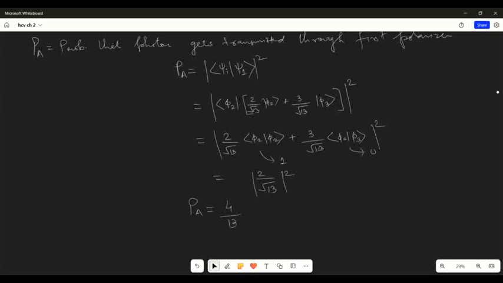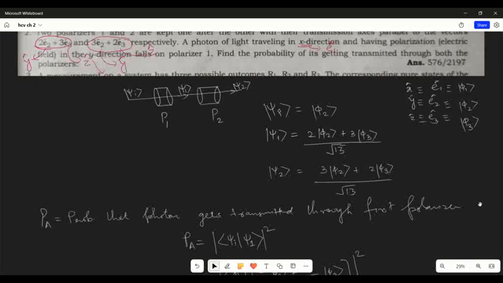Now let's calculate the probability that the photon gets transmitted through polarizer 2 after passing polarizer 1. Let's first analyze it from the diagram.